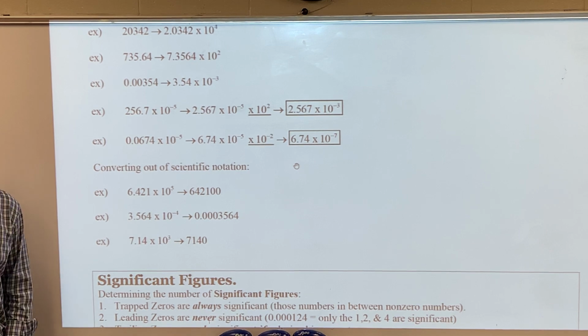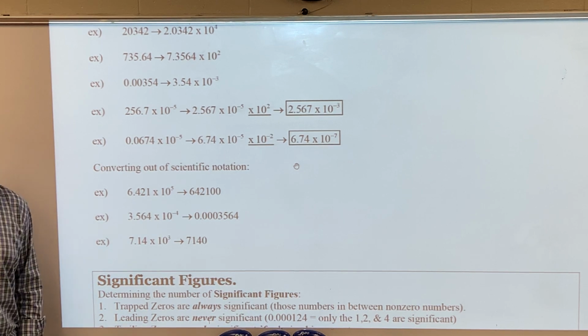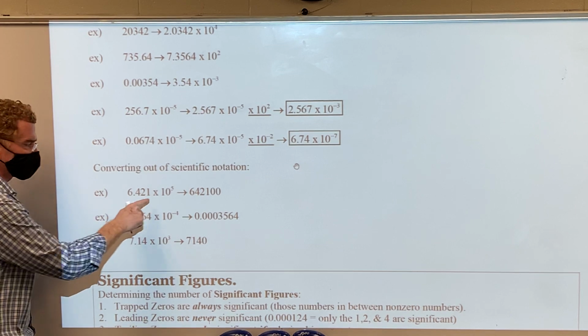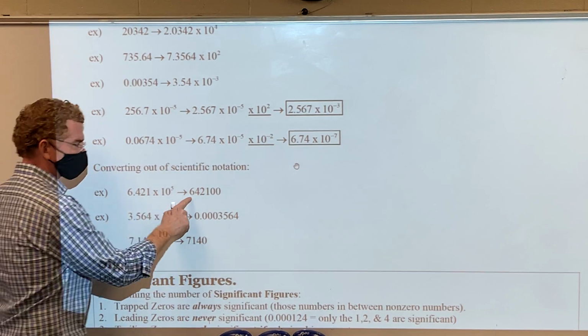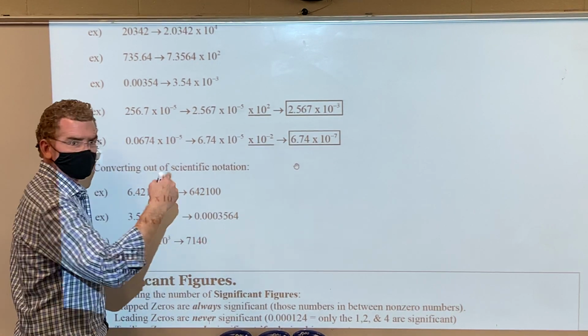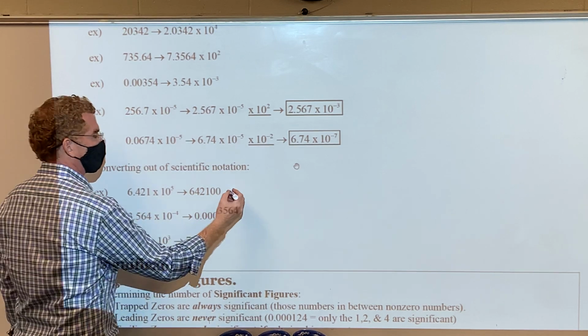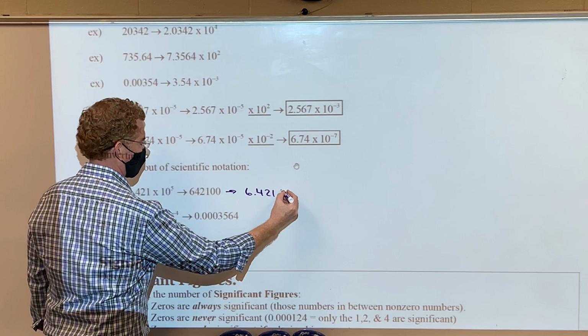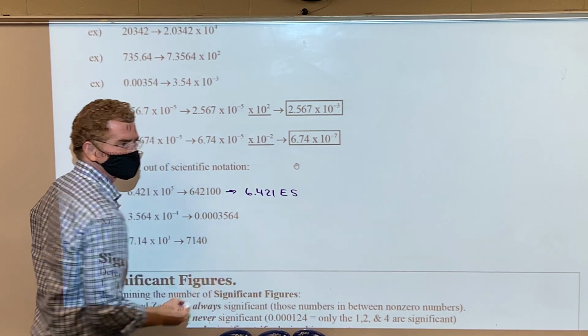One thing I want you to know, though, if you have a calculator, if you ever get something that's so small or so big that they can't tell you what it is, the calculator puts it in scientific notation, but it doesn't say this. If you typed some massive number in and it dialed up scientific notation, it would spit out something like 6.421 E5.